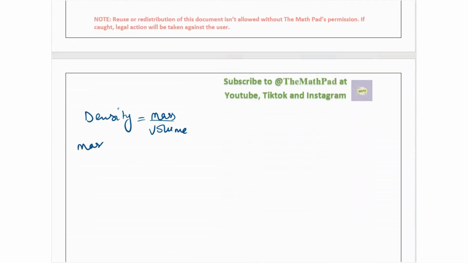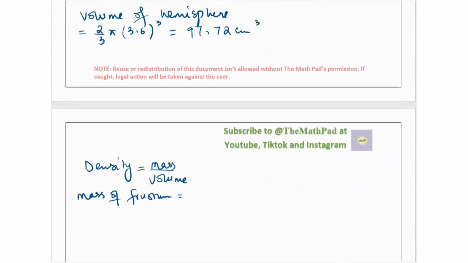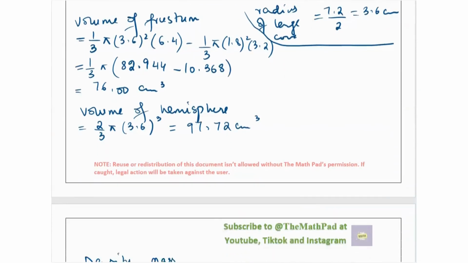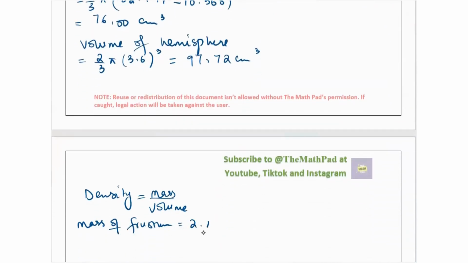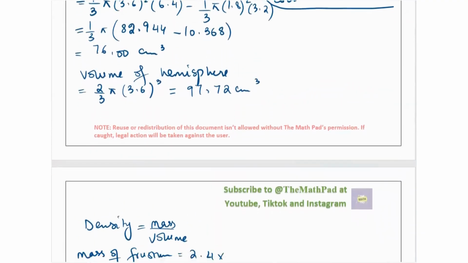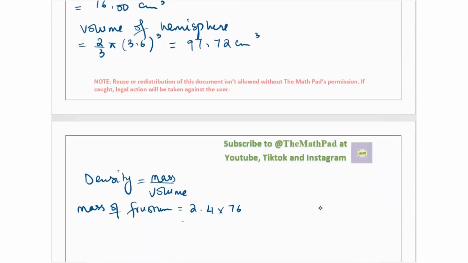So the mass of the frustum would be the density of the frustum, which is given as 2.4 in the question, times the volume of the frustum, which is 76. That gives us 182.4 grams.